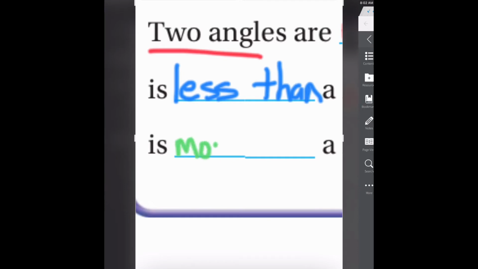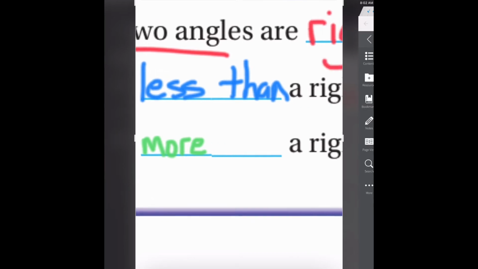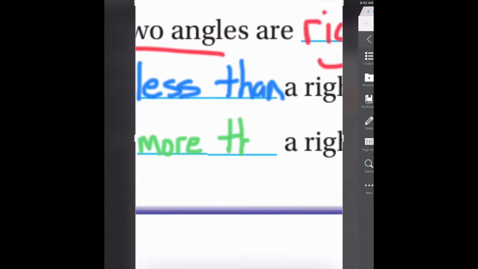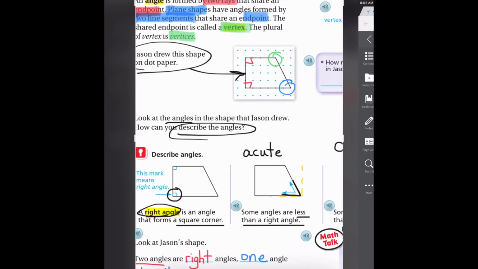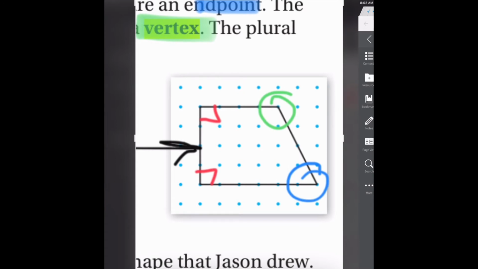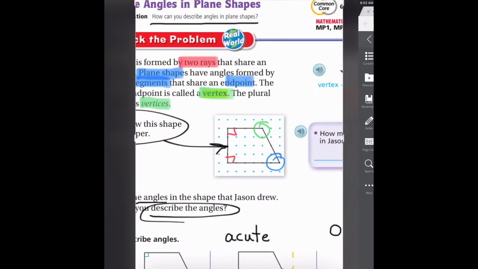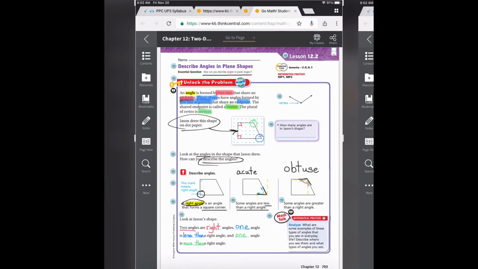I'm going to write more just because it's a shorter word, and I can squeeze in both words in that line. One angle is more than a right angle. So in his shape, the two angles in red are right angles. The angle in blue is less than a right angle, and the angle in green is obtuse, or more than a right angle. All right, let's go to the next page here.